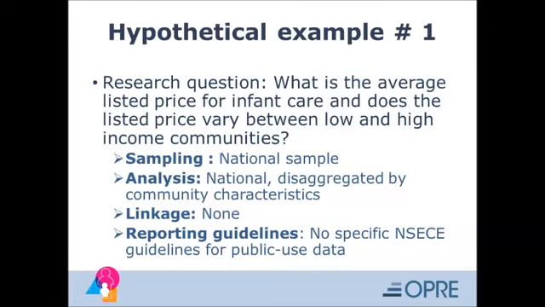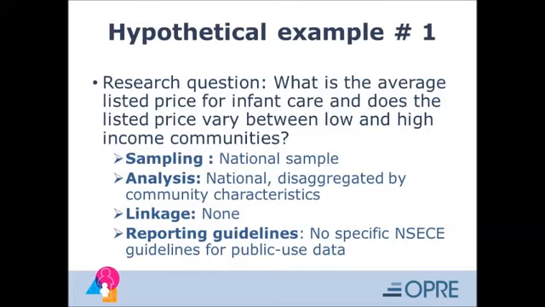You personally are not going to need to do any linkages in that case because the research team did it for you by bringing in these census data. And then because all of this is possible with the public use data, there are no reporting restrictions at all. You can report the tabulations that you have completed in whatever way you'd like.